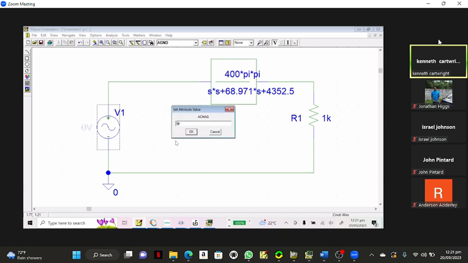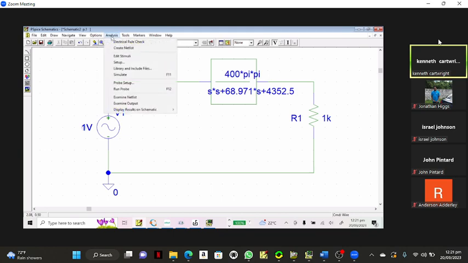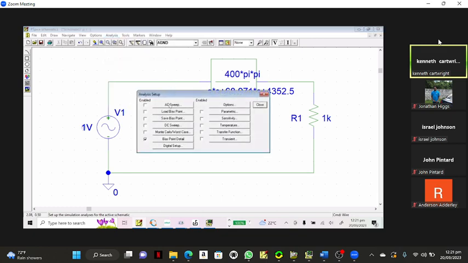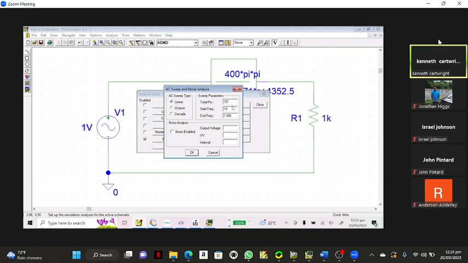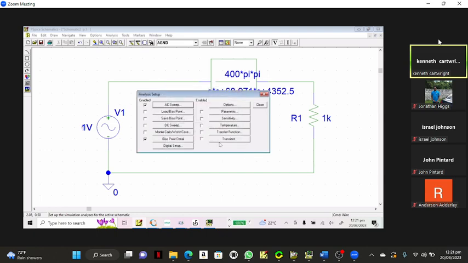We're expecting a cutoff frequency of 10 hertz. So we want to go down 2 decades and above 2 decades. So set up an AC sweep from 0.1 to 10, 100, 1,000. That's good. And we want points per decade.